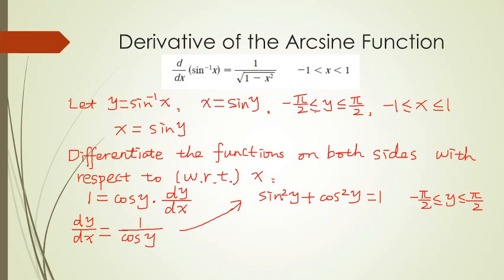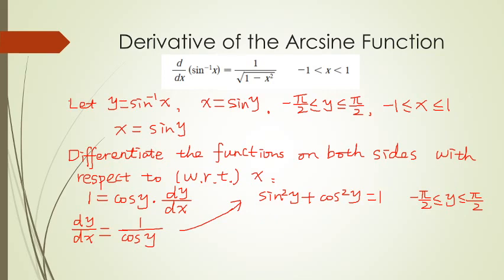Y is the range for the inverse function, or it's the domain for the sine function. So this is true for any y. My y especially is from minus pi half to pi half.